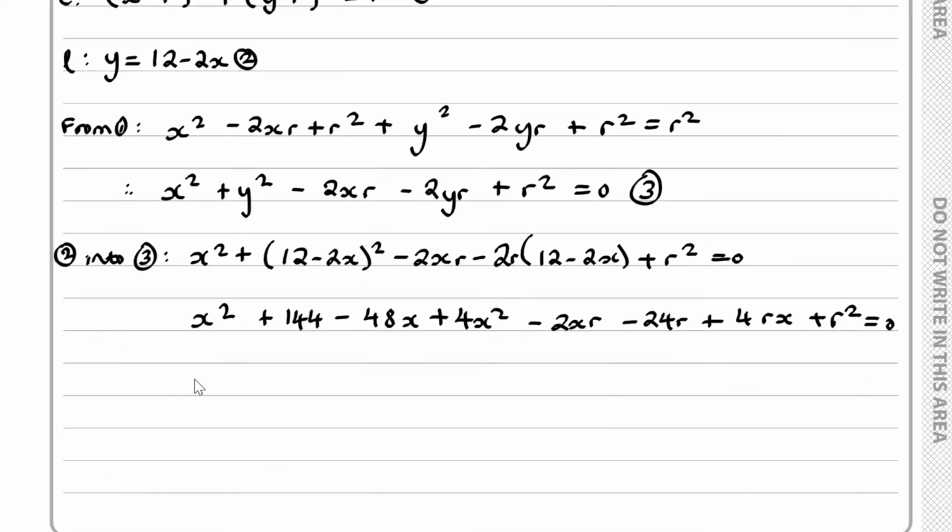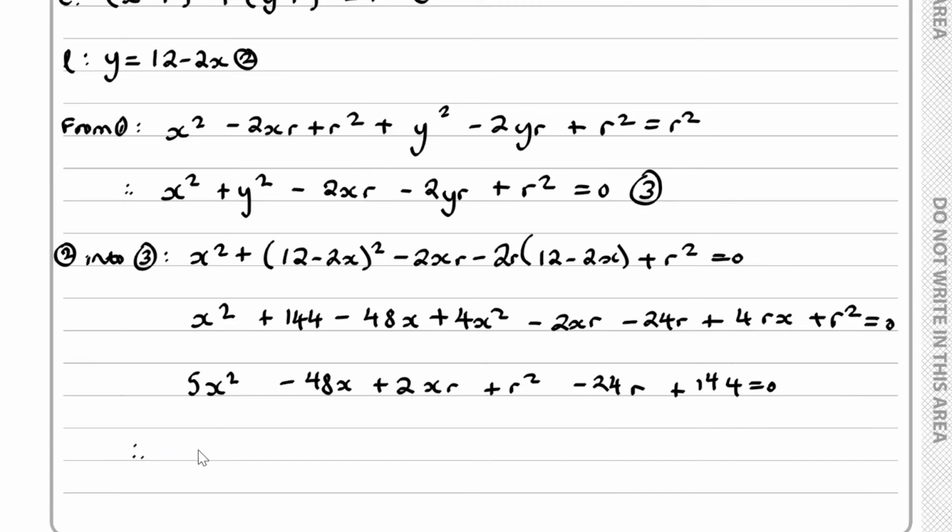And if I collect like terms, we've got 5x squared minus 48x plus 2xr plus r squared minus 24r plus 144 equals 0.